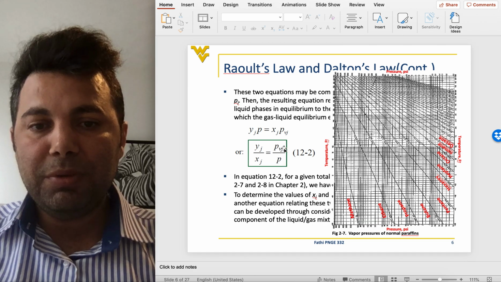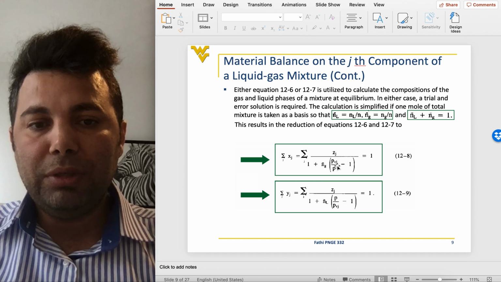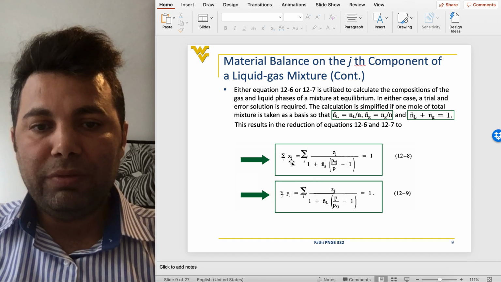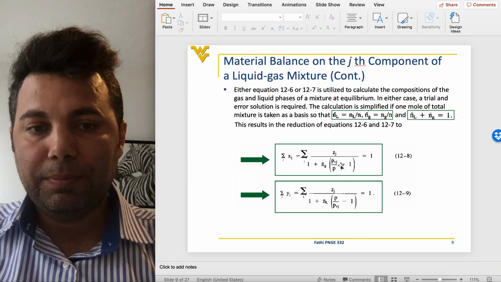So I'm going to replace PVJ over P by K in equations 12.8 and 12.9. So if I do that, I would have the summation of Xj being equal to the summation of Zj over 1 plus Ng bar times Kj minus 1.